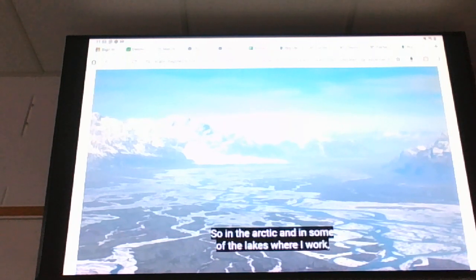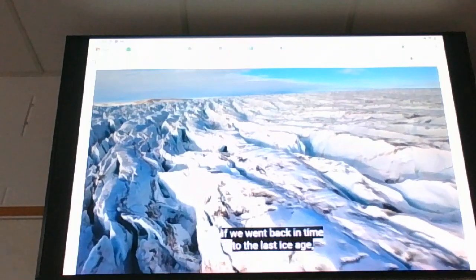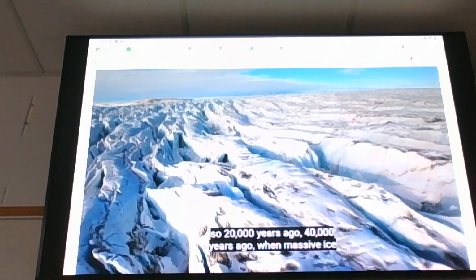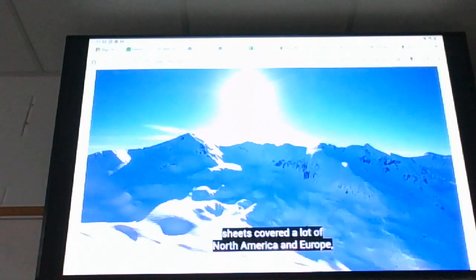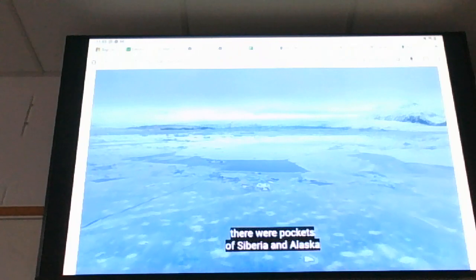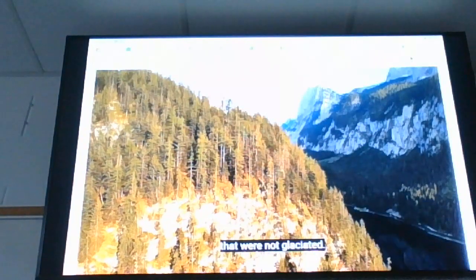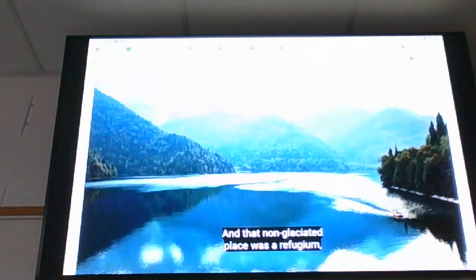In some of the lakes where I work, if we went back in time to the last ice age, 20,000 years ago, 40,000 years ago, when massive ice sheets covered a lot of North America and Europe, there were pockets of Siberia and Alaska that were not glaciated. That non-glaciated place was a refugium.